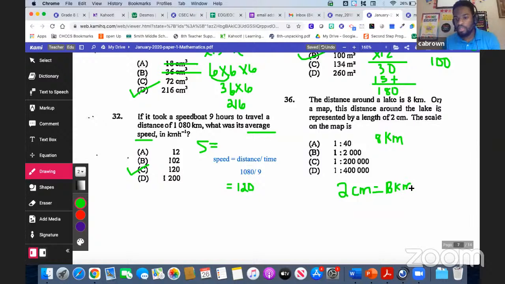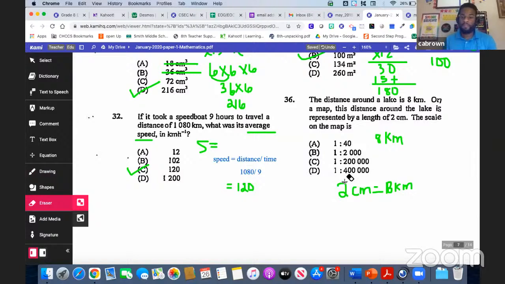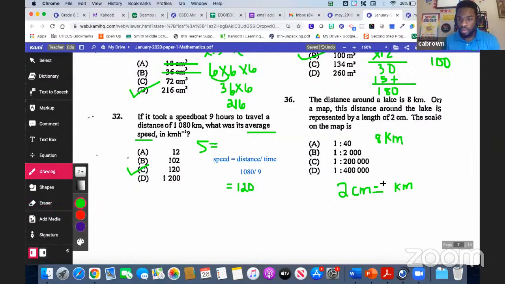If 2 centimeters represent 8 kilometers, we can go ahead and find what 1 is. And to do that, we can divide both sides by 2. So we have 1 centimeter being equal to 4 kilometers.